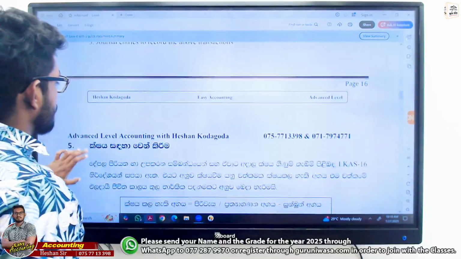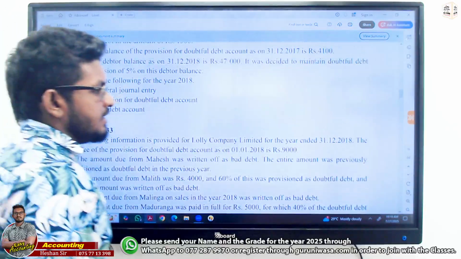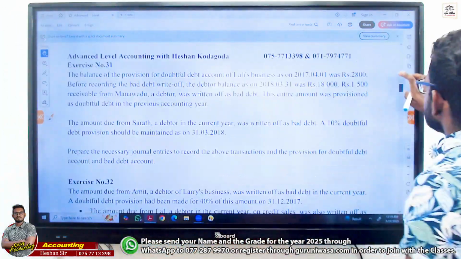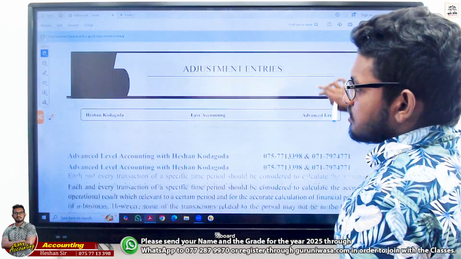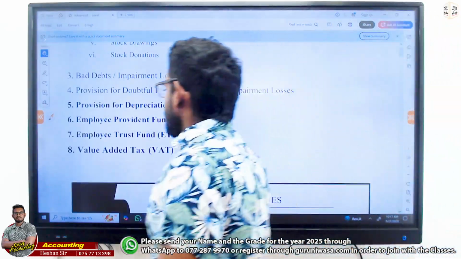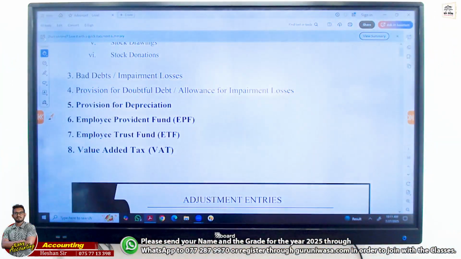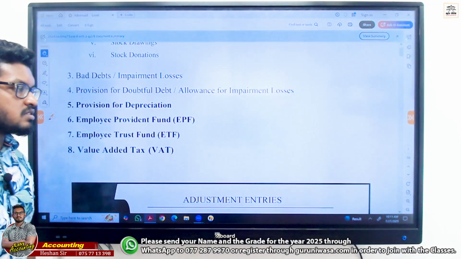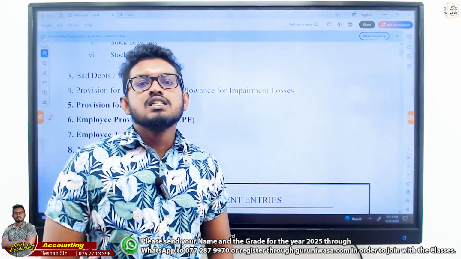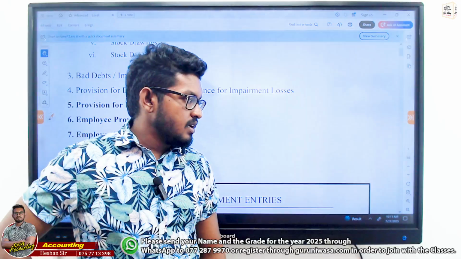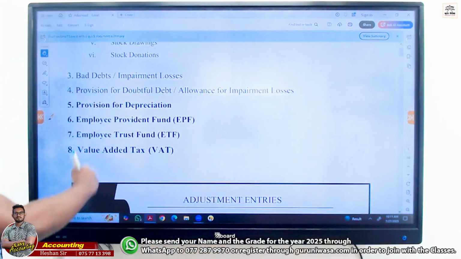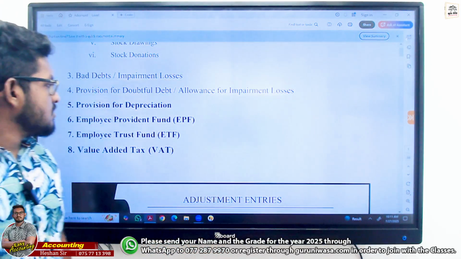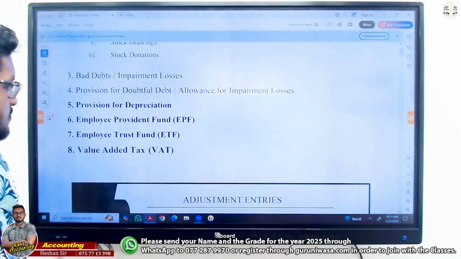Pending things are depreciation, so it's easy. Then EPF, ETF, and VAT. Most probably these things will be covered on upcoming Thursday. Everything, the rest of the things: depreciation, EPF, ETF adjustments, and the VAT.